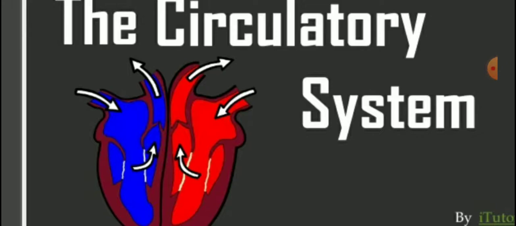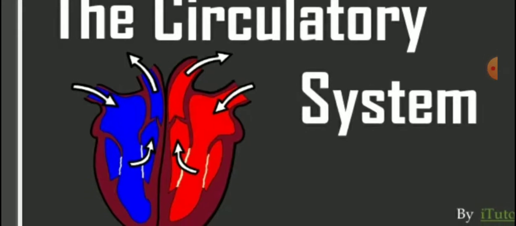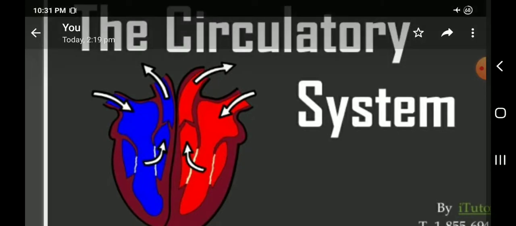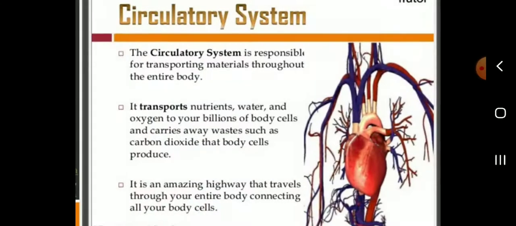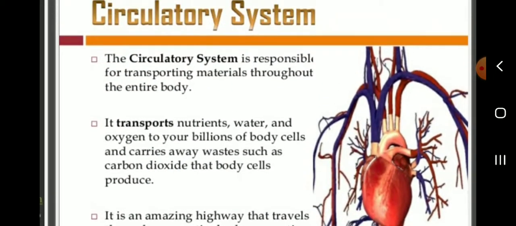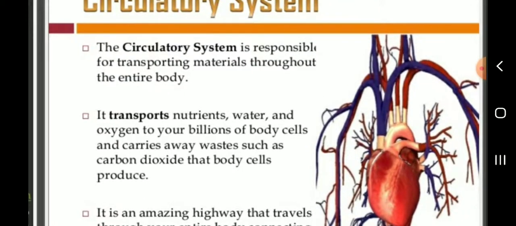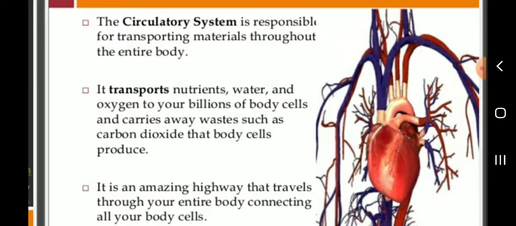Now we are going to discuss the circulatory system. Listen. What is the circulatory system? The circulatory system is responsible for transporting materials throughout the entire body. Which organs are involved in the circulatory system? The heart. The heart is a muscular organ.